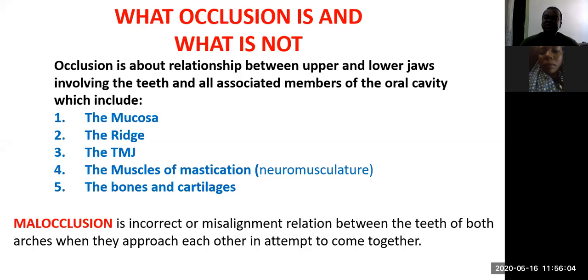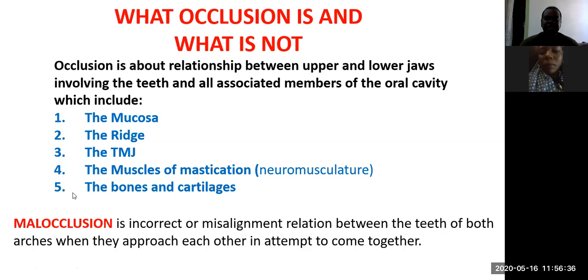Occlusion is about relationship between upper and lower jaws, when the teeth and associated members of the oral cavity are involved. The associated members of the oral cavity that are involved include the mucosa, the alveolar ridge, the temporomandibular joint, short form TMJ, the muscles of mastication, the bones, and cartilage.